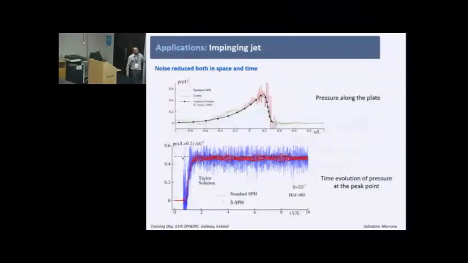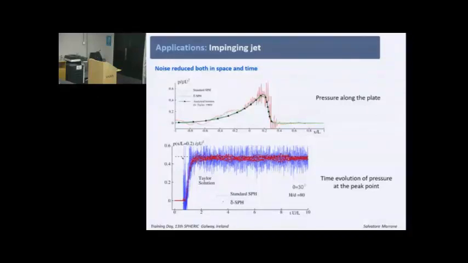And if we look at the pressure signal in space, for example, measuring the pressure along the plate, here we have in black the analytical solution, in green the Delta-SPH, and in red the standard SPH. You can see that the comparison with the analytical solution is much better with the Delta-SPH.